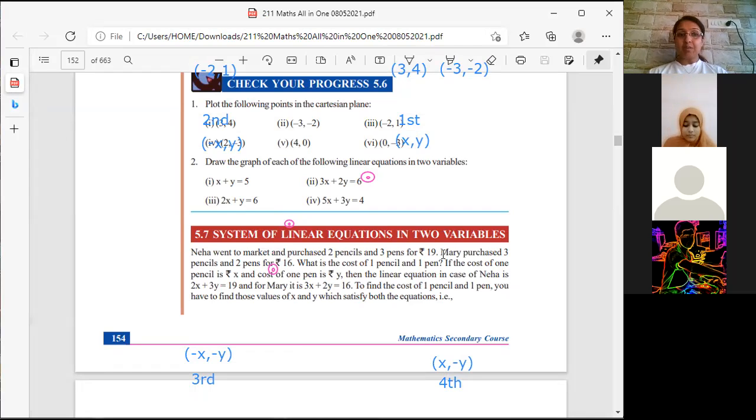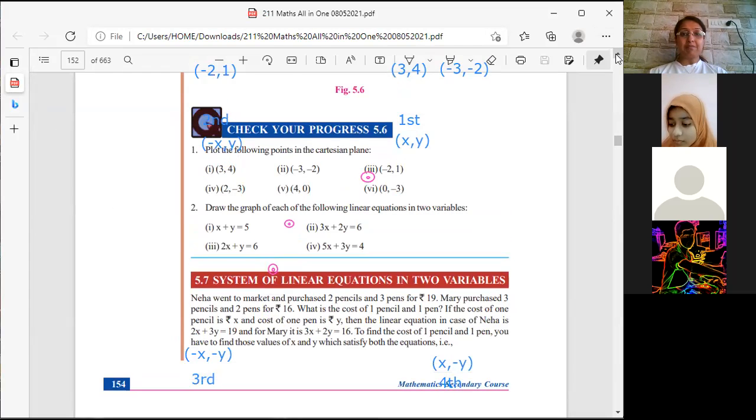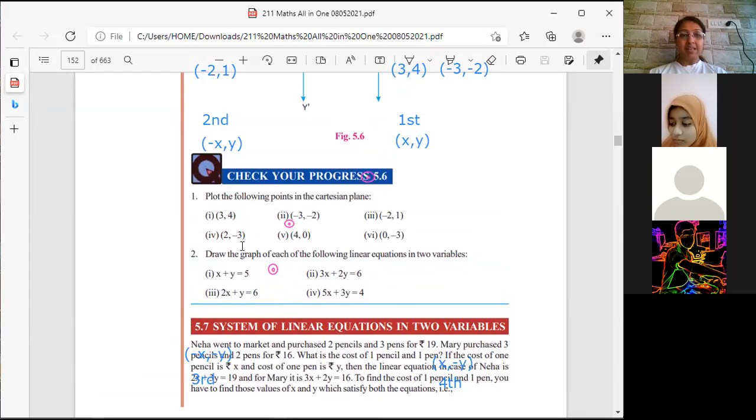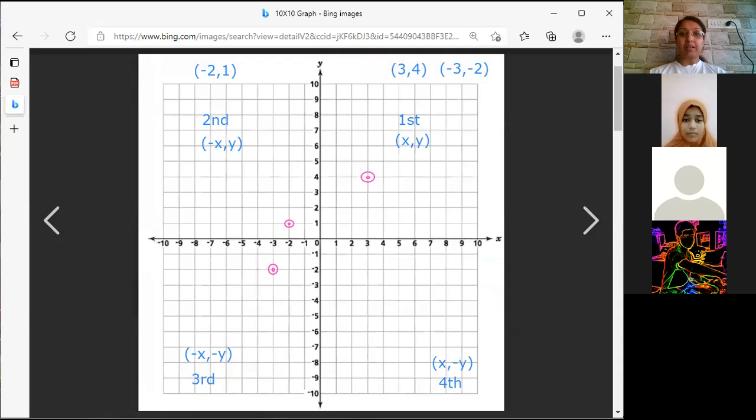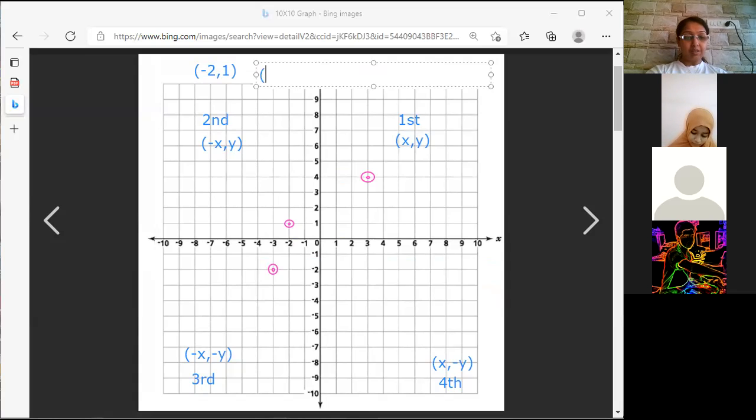Now we are going to see our question 4. What does our question 4 say? 2 and minus 3. Am I right? 2 and minus 3. So I'm very quickly going to write the question. It will come in the fourth quadrant. Okay, 2 comma minus 3, fourth quadrant.